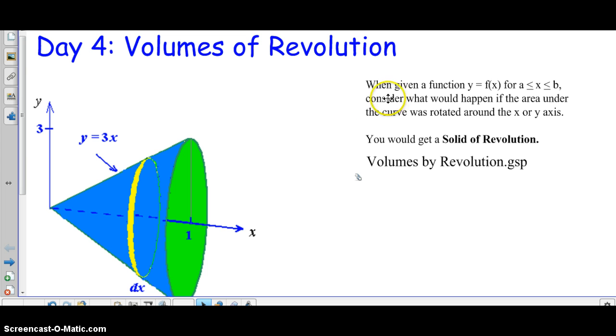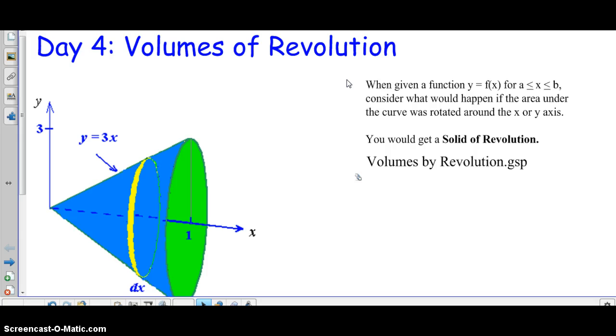And we'll look here at what the instructions are saying. When given a function y equals f of x for x values between a and b, consider what would happen if the area under the curve was rotated around the x or the y axis.